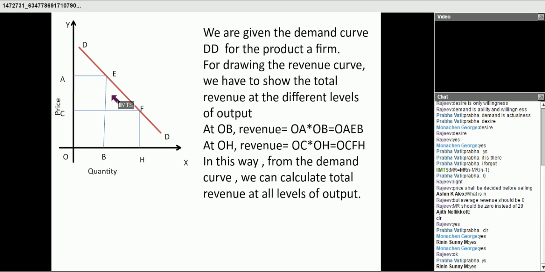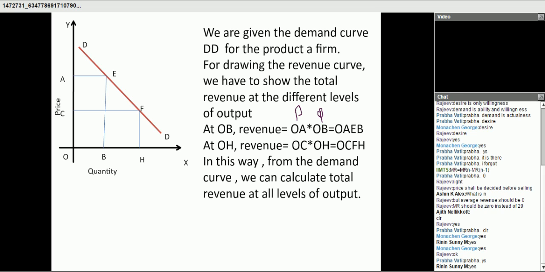Suppose OB units are sold, the revenue will be OA, that is the price of one unit, into OB, the quantity sold. It's going by the formula P into Q. This OA is the price per unit and this OB is the quantity sold, Q. So the answer is OAEB.